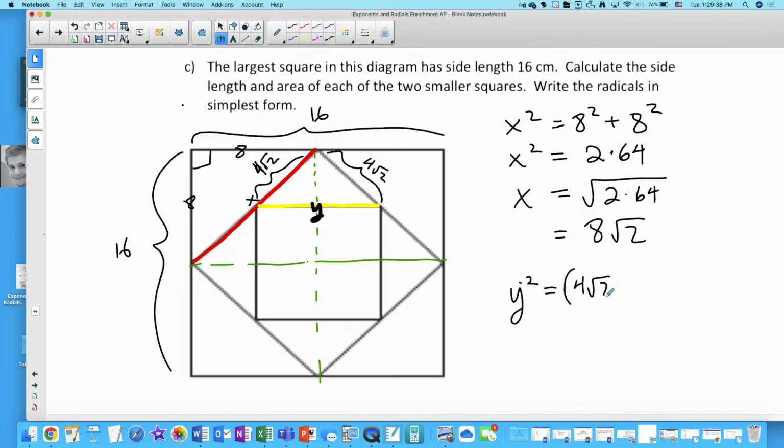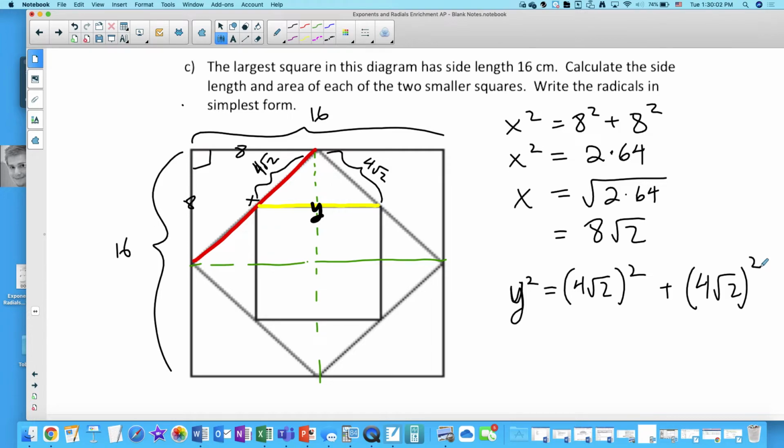Oh, because I just touched it. Oh, okay, thank you, sorry. Yeah, no, it's all good. 4 square root 2 squared plus 4 square root 2 squared. Okay. Now here, let's just talk about what this would be. 4 square root 2 squared.